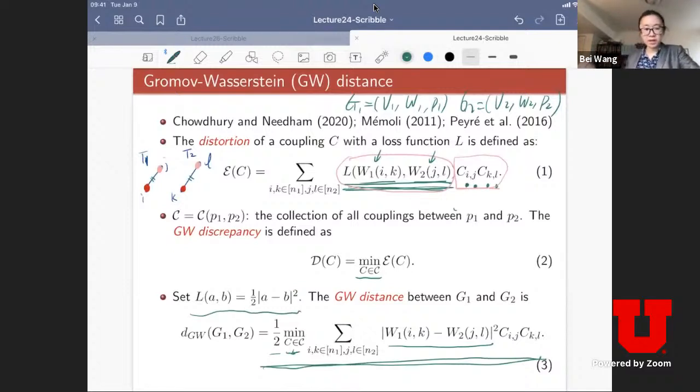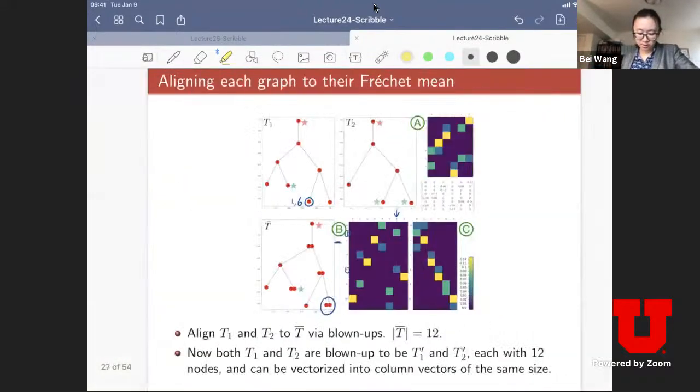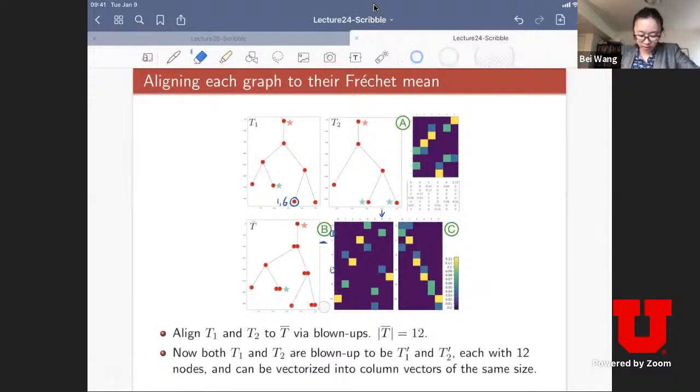Again, in order to compute the GW distance, we focus on this minimization process: figuring out the best coupling between the nodes, which is the probabilistic matching between the nodes, such that this cost or distortion is minimized. That gives you this corresponding picture of how each of those input trees is probabilistically matched to the nodes of the average tree. Okay, so that's the mathematical framework for GW.